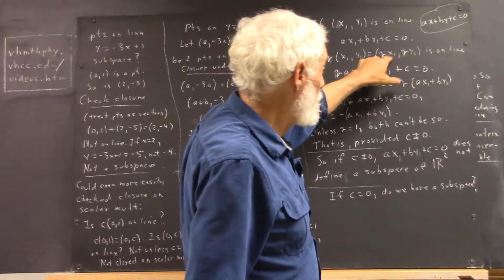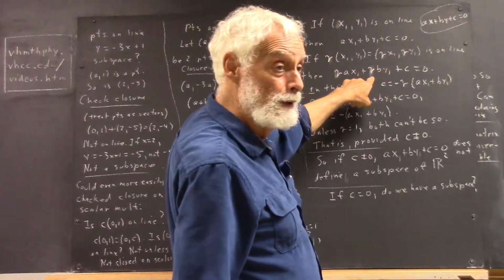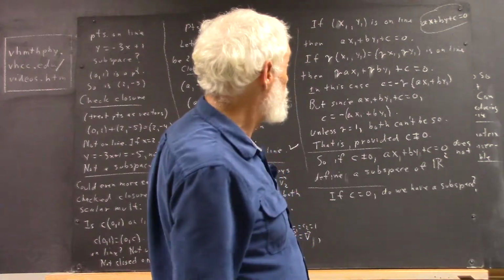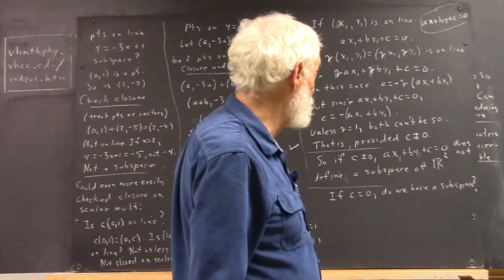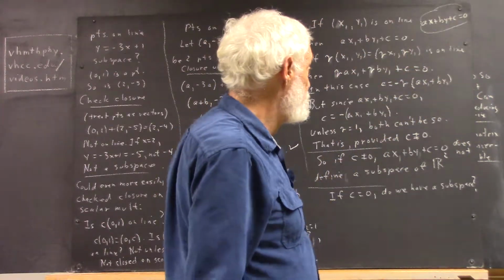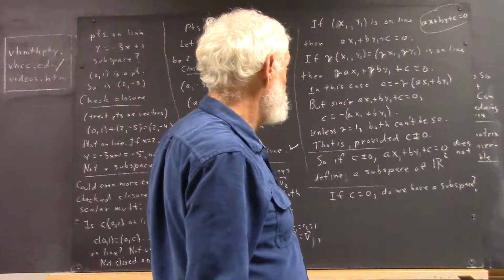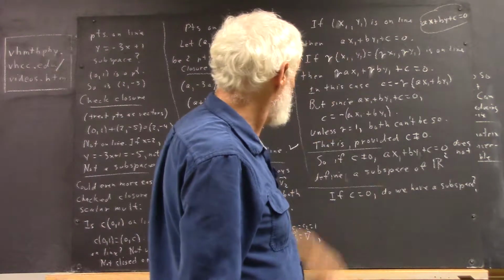Plugging in gamma x1 for the x-coordinate and gamma y1 for the y-coordinate, this would have to be the case. In this case, C equals negative gamma times (Ax1 + By1). You just move it over to the other side, and you've got C, and of course I factored out the gamma.